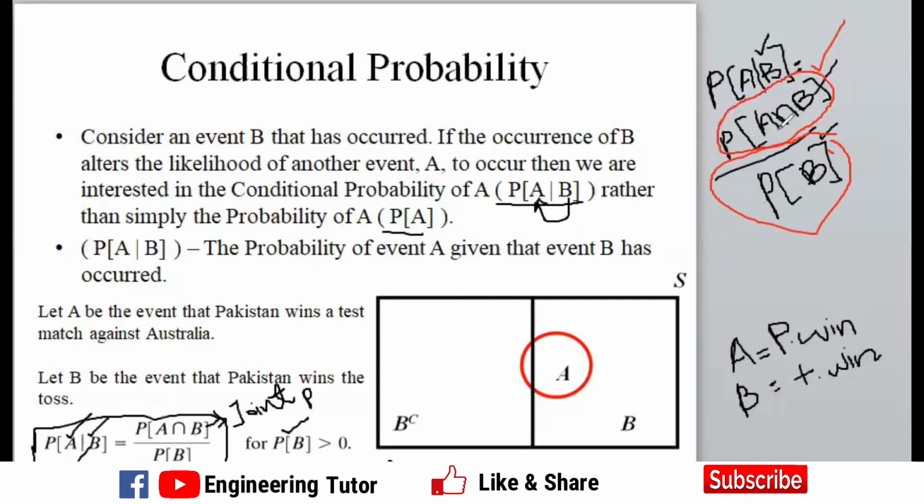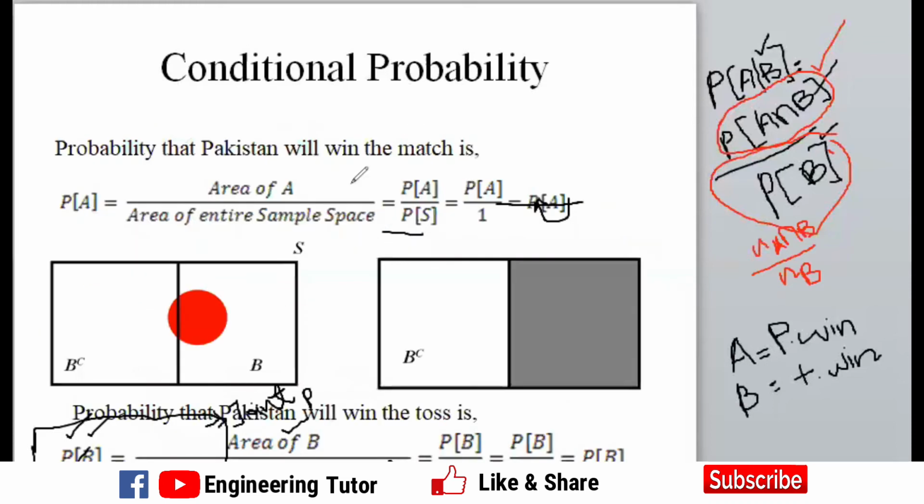You have to find the probability of A and B with the sample space of B. So what you will get is the number of elements in A intersection B divided by the number of elements in event B. Okay, I have proved it in your class, so I think there will be no problem with this. Let's move on.